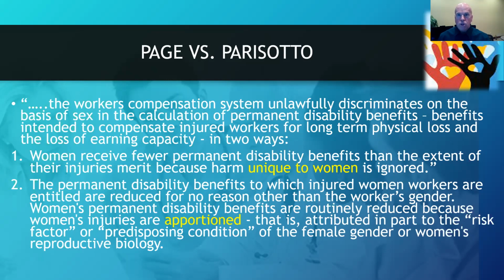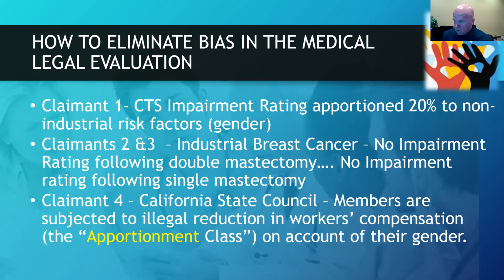And then number two, those lowered permanent impairment ratings, which translated into permanent disability ratings, were further apportioned based on biases related to the female gender. So specifically, this lawsuit involved 3 individual female claimants and then thousands of collective women who made these allegations.